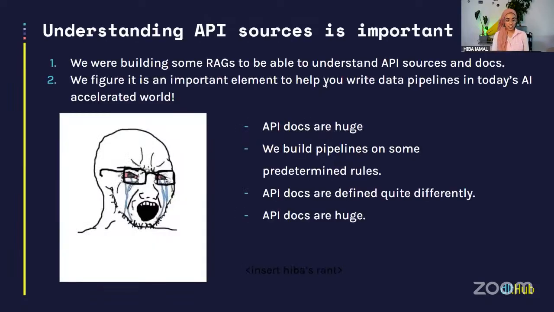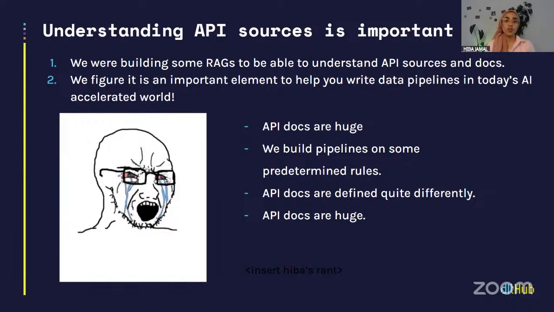So at DLT, it is super important for us to understand API sources, because we build data pipelines, and we were building some RAGs to understand API sources and docs, like actual docs, Poke API, monday.com/docs, api.slack.com, right? So all of these different source docs, we were looking into it, building RAG structures to understand APIs. Understanding API sources is important to us.